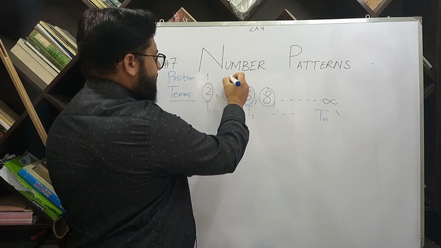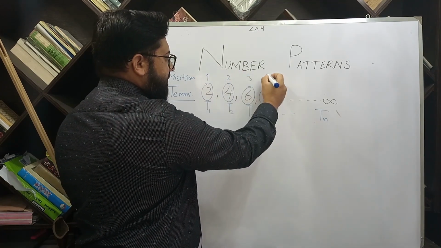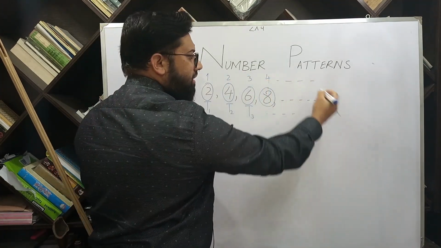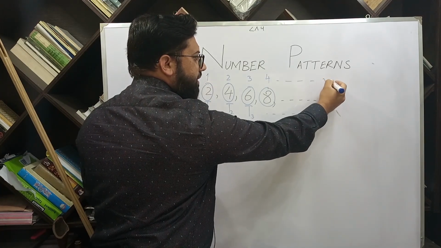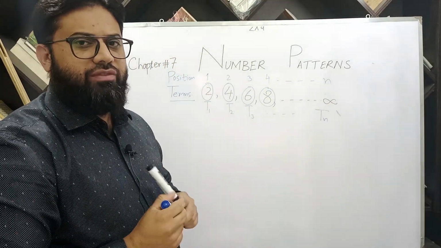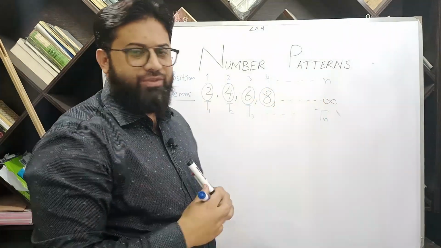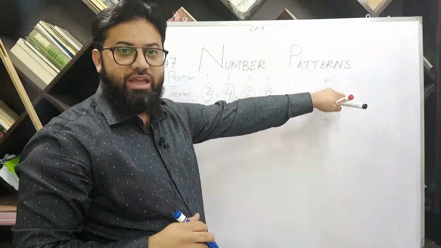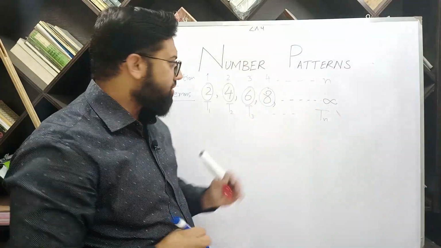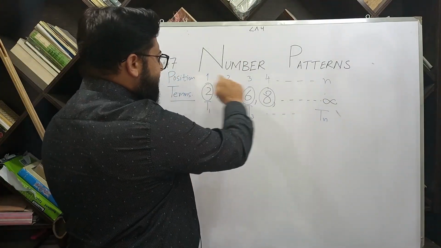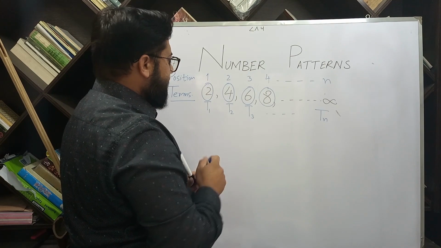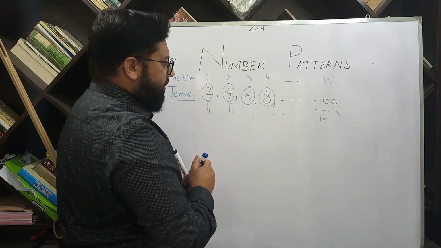I'll call it first, second, third, fourth, up to what? Up to infinity, or we call it up to n. We don't write infinity, it is just for the sake of understanding, but basically it's never ending. So what would be the last position? It would be n. The nth position is the last position. So these are the positions 1, 2, 3, 4 up to n, and these are the terms T1, T2, T3 and onwards.